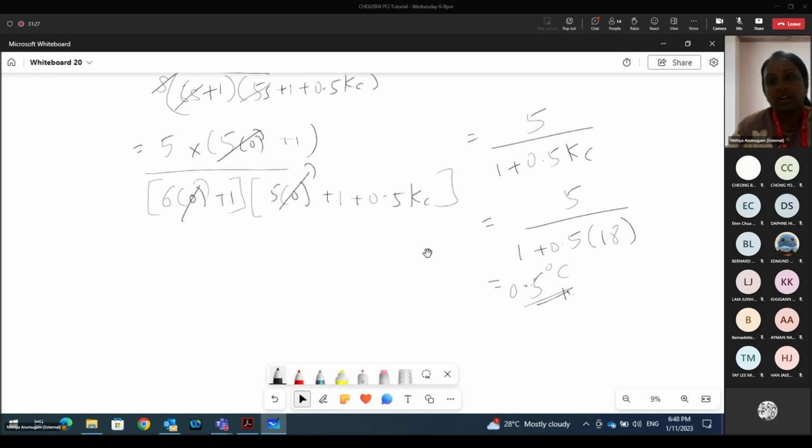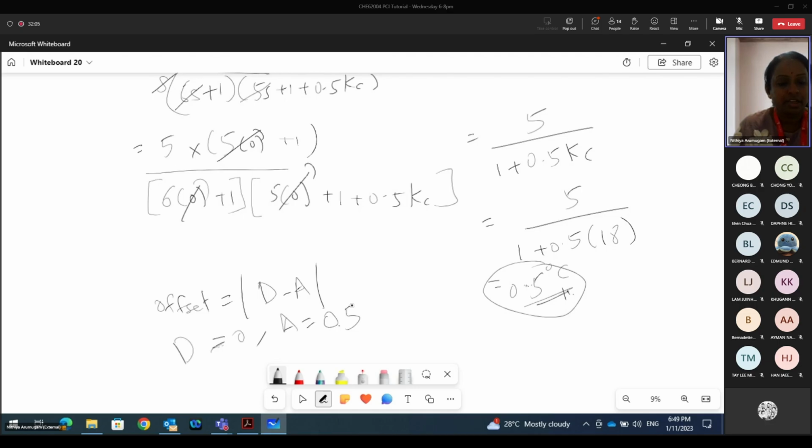But this is in units. So to calculate the offset, we can take the desired value minus the actual value, right? The desired value in this case for a disturbance is equal to 0, and the actual change we got from this question is 0.5.